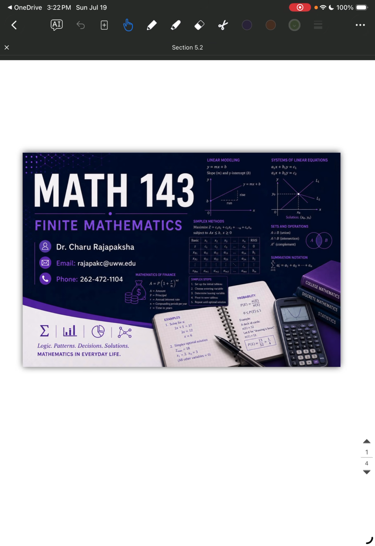In our previous lecture, we studied compound interest, continuous compounding, effective interest rate and present value. In all of those problems, we usually considered one initial deposit which we called the principal amount.